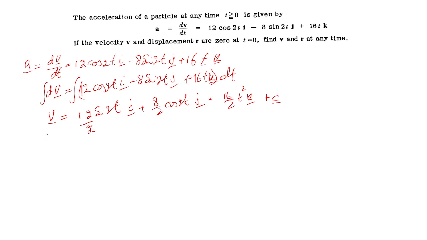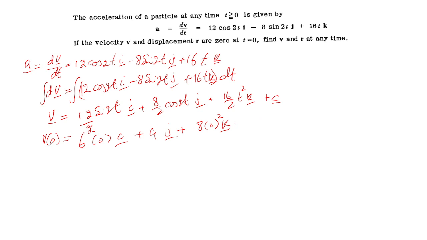So when we put t = 0, what we get, 6 into 0 i plus this is 4 j, because cos 0 is 1, and this is 8 into 0 square k, plus vector c, but at that position the velocity is the 0 vector.